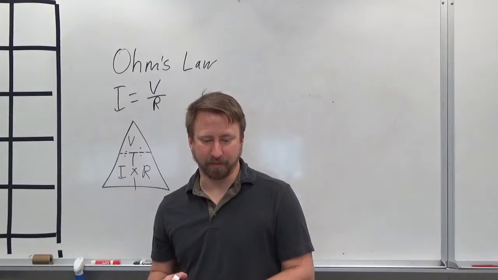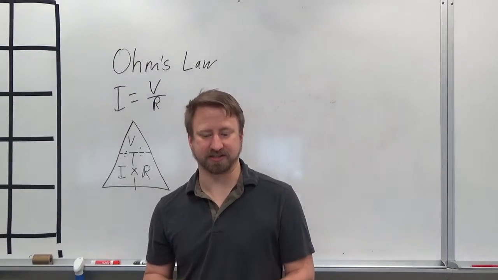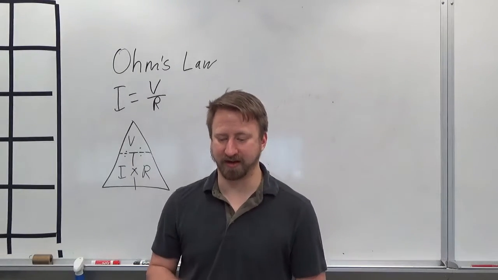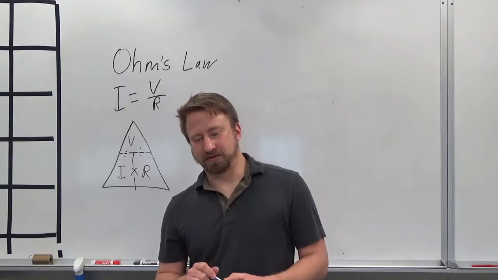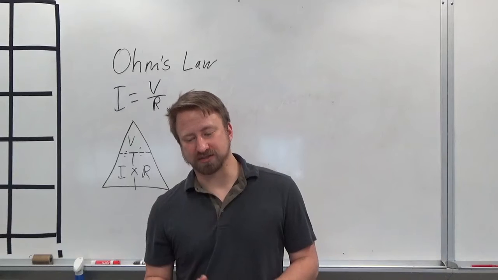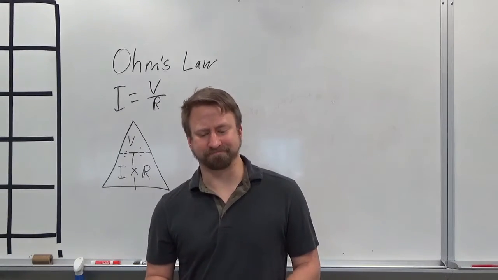It says a 9-volt battery is connected to a small light bulb with a resistance of 3.5 ohms. It's got the omega symbol. I'm on number 3. What's the current in the bulb?